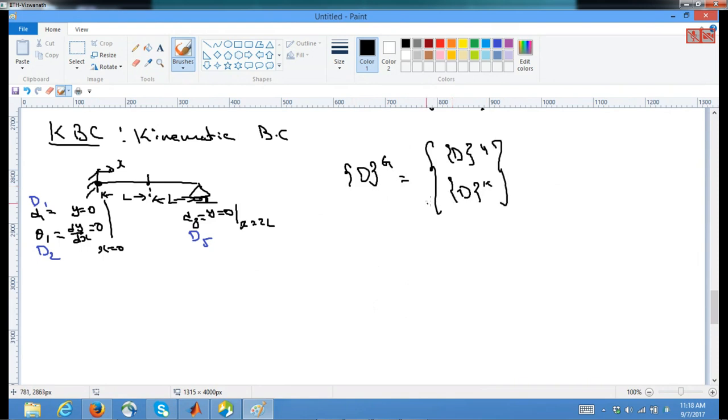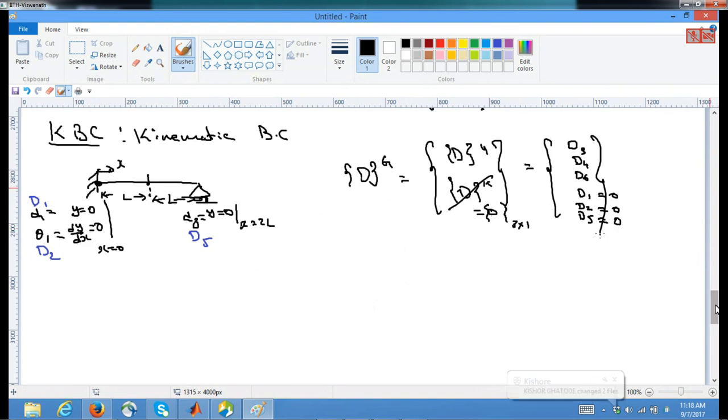When I split it in this fashion, the unknowns are D3, D4 and D6, whereas I know D1 equals 0, D2 equals 0, and D5 equals 0. So all these values are equal to 0, and this is a 0 vector.